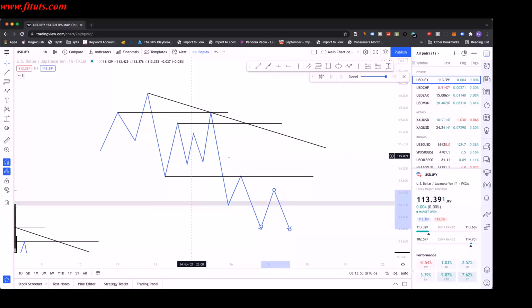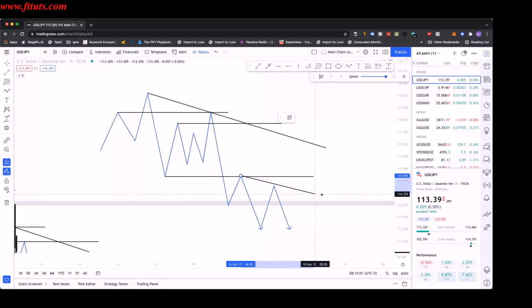So you'd have that, and then you'd have your strong, let's say, support here, price bouncing around it. Like that, creating a new trend line, right? And then price would just bounce off this, like that.